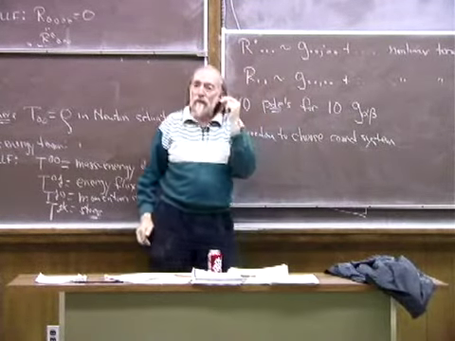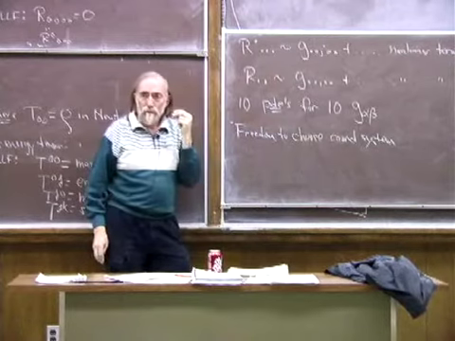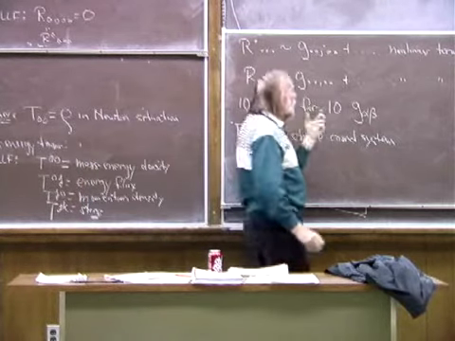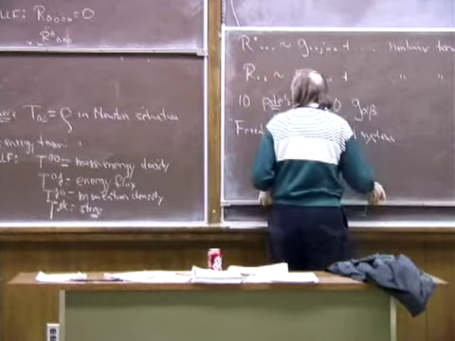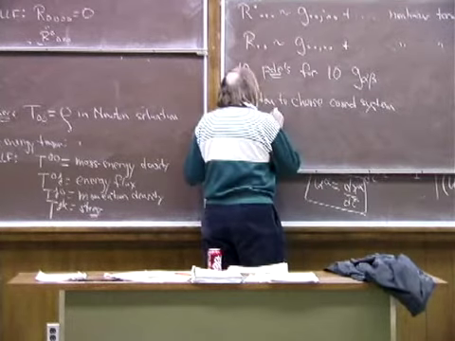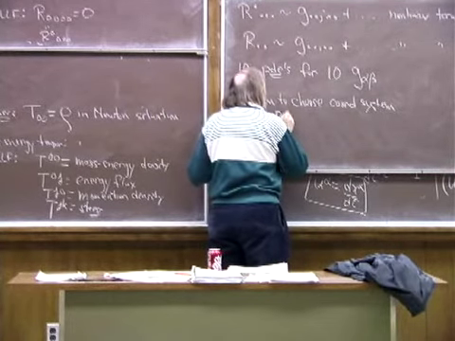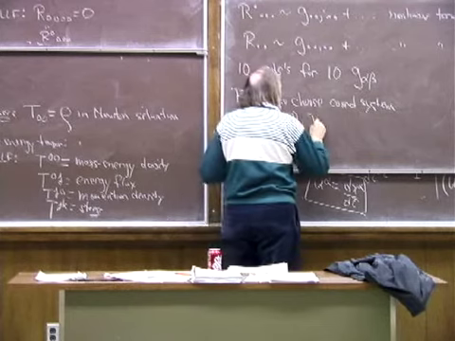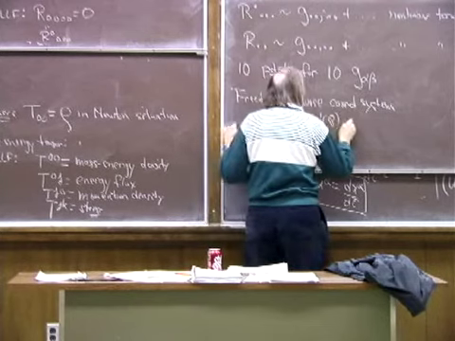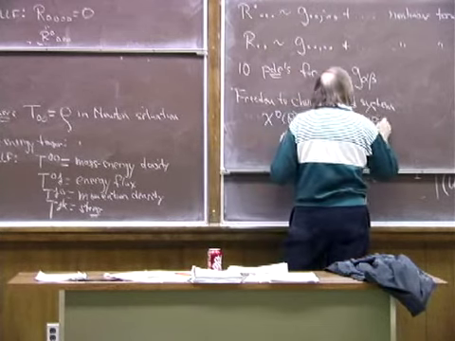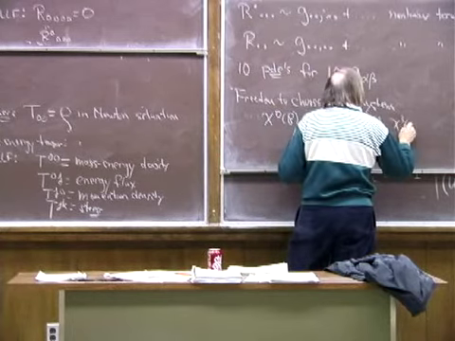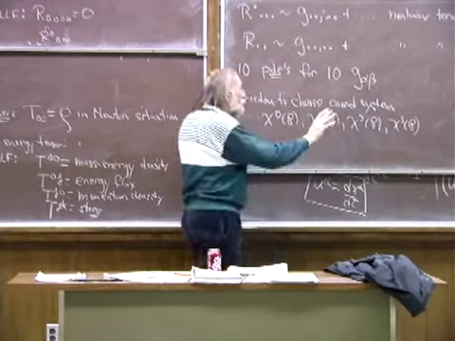We have a freedom of our choice of coordinates. And we have 4 free functions in that freedom. So we can adjust however we wish. X naught is a function of time. X1 is a function of time. X2 is a function of time. X3 is a function of time. We have complete freedom to adjust those.